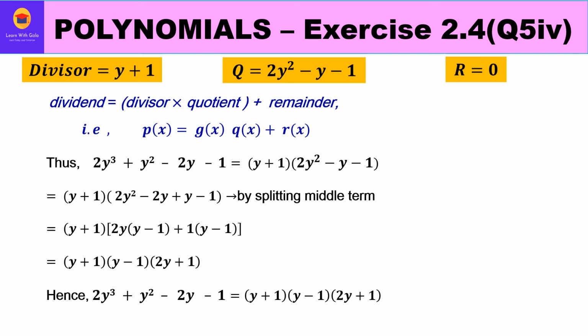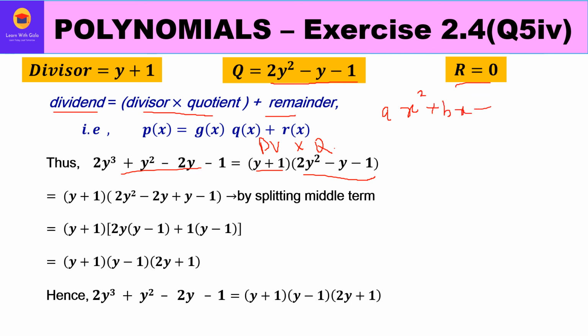Now over here our quotient we have already calculated: 2y square minus y minus 1, and the remainder is 0. According to the division algorithm, dividend is equal to divisor into quotient plus remainder. So the given polynomial is the product of two factors, that is divisor into quotient, right? Now this quotient, which we have to further factorize, is of the form ax square plus bx plus c.